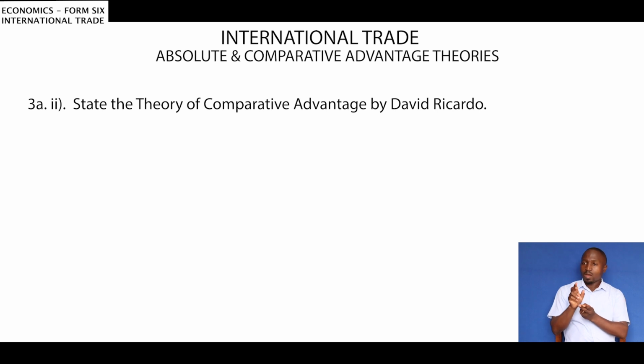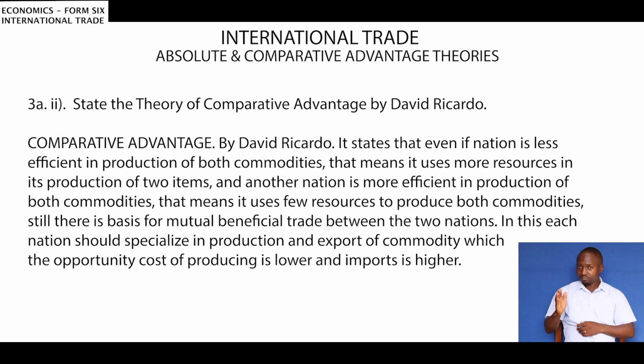According to David Ricardo, the theory of comparative advantage states that even if a nation is less efficient in production of both commodities, that means it uses more resources in the production of the two items, and another nation is more efficient in the production of both commodities, that means it uses few resources to produce both commodities, still there is a basis for mutually beneficial trade between the two nations.